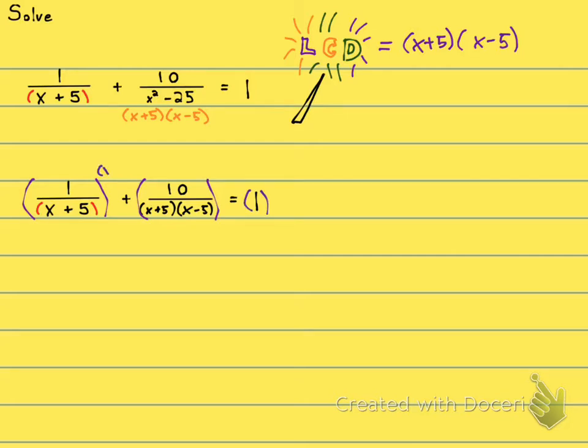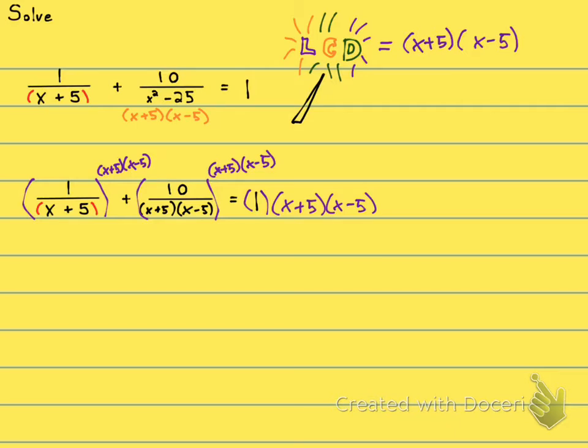First term times x plus 5, x minus 5. Second term times x plus 5, x minus 5. And very important, the other side times x plus 5, x minus 5. Okay, multiply both sides by the LCD. And now watch what happens.